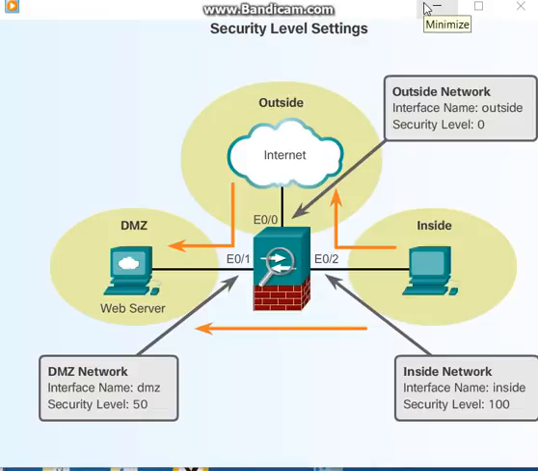Now, what does the security level control? It controls network access, inspection engines, and also filtering. Now, network access: by default, there is an implicit permit from a higher security interface to a lower security interface.